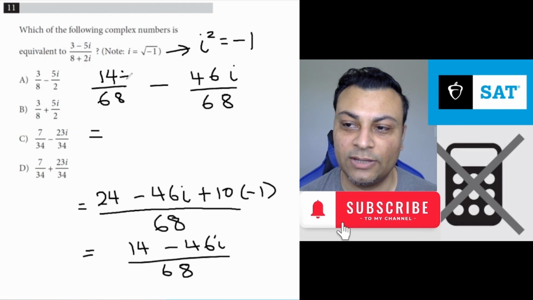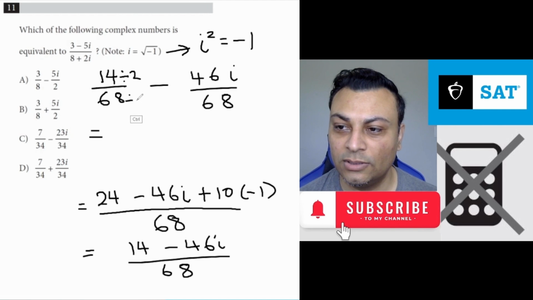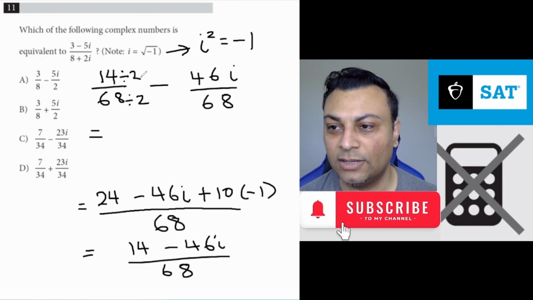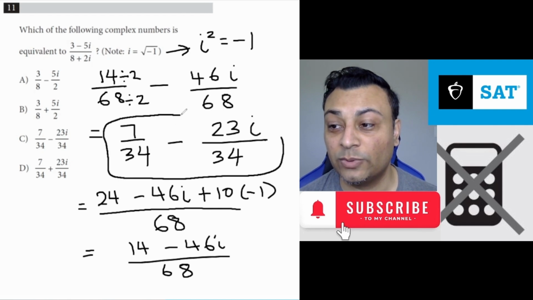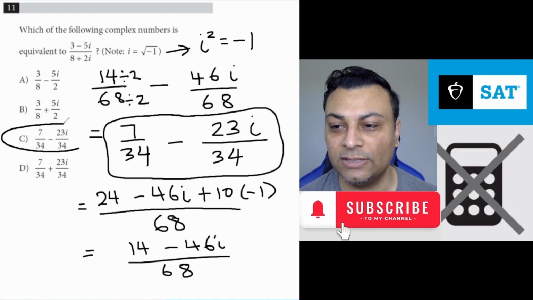You can divide by 2 here and divide by 2 here. And you would get 7 over 34. And here, we can divide these by 2 also. 23 over 34i. And so we have our answer, 7 over 34 minus 23i over 34, which is option C.